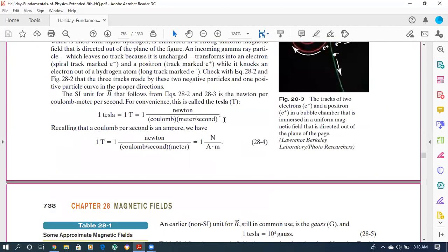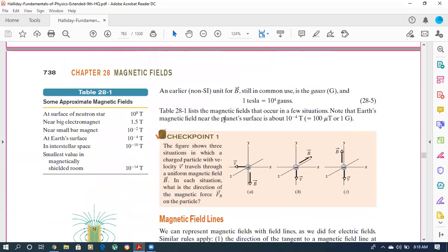Its unit is Tesla. Look at the table on the left of the screen.